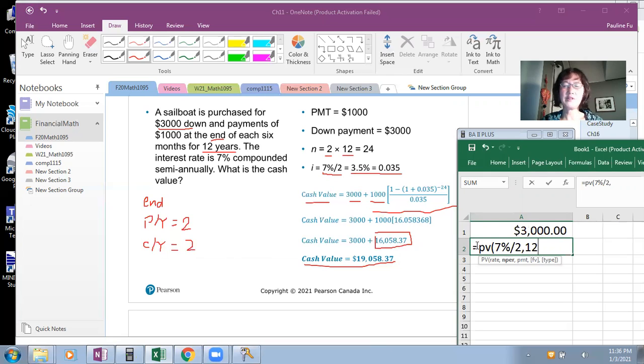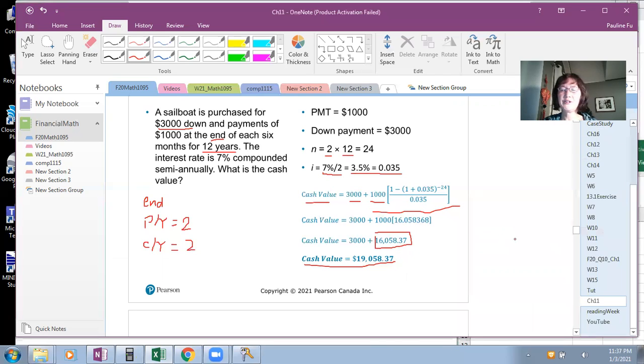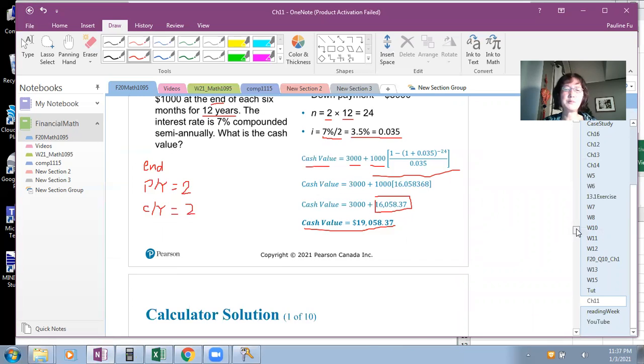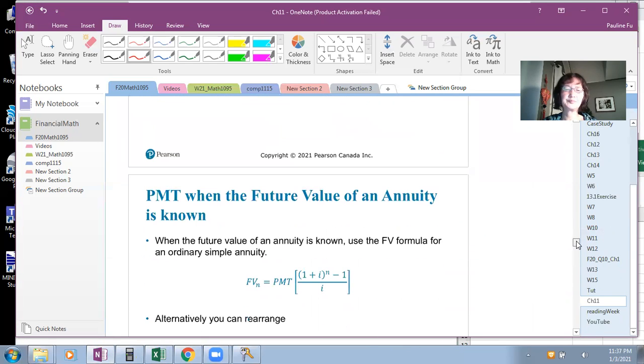NPER is 12 years times 2. PMT is negative 1,000. Future value 0. Type 0. And for the cash value, you just add these two numbers. So this is the application problem.